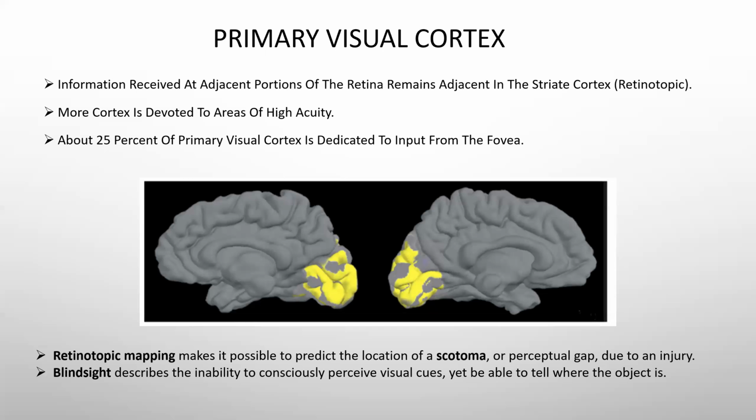And then blindsight describes the inability to consciously perceive visual cues, yet be able to tell where the object is. So they know where the object is, but they can't name that specific object. I just wanted to put in a couple of these issues that come up with the visual system.